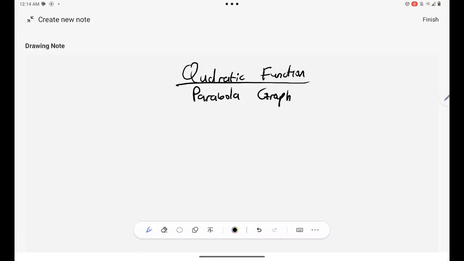Hi everyone, today we are doing a quadratic function, also known as a parabola graph.